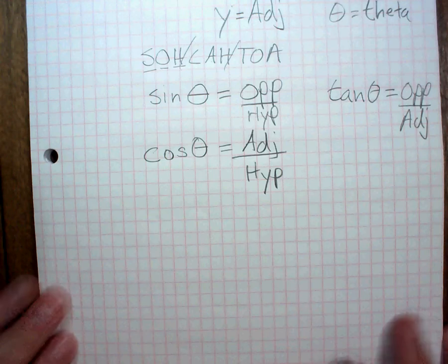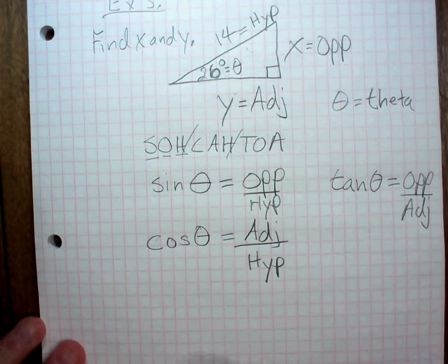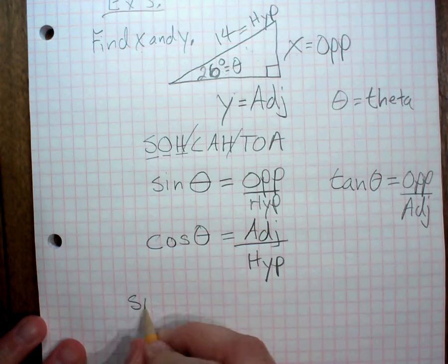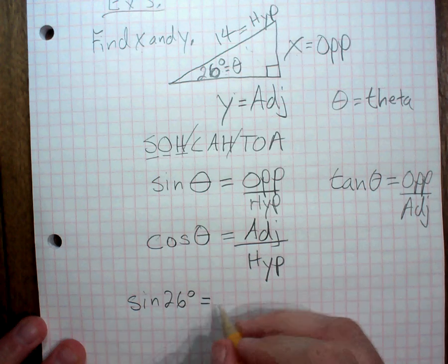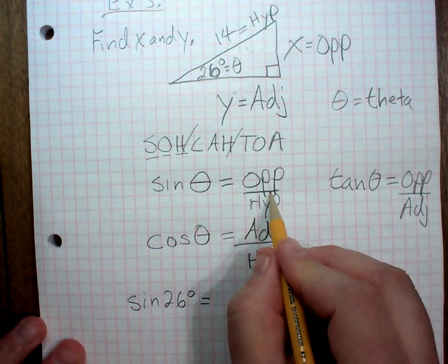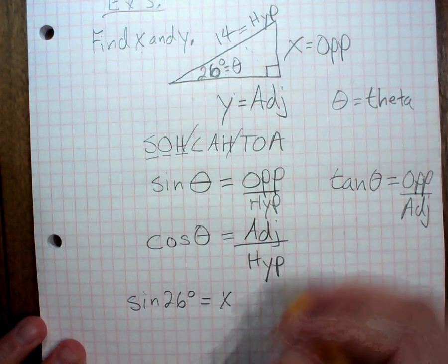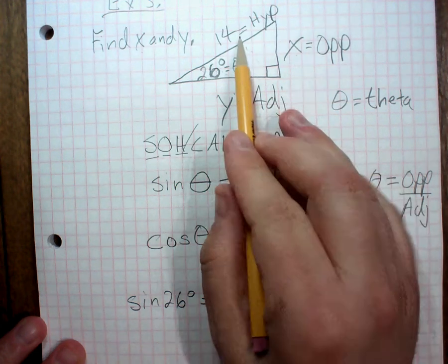Okay, so then if I look at this image, to solve for x and y, I see that sine of 26 is equal to the opposite, which is x, over the hypotenuse, which is 14.